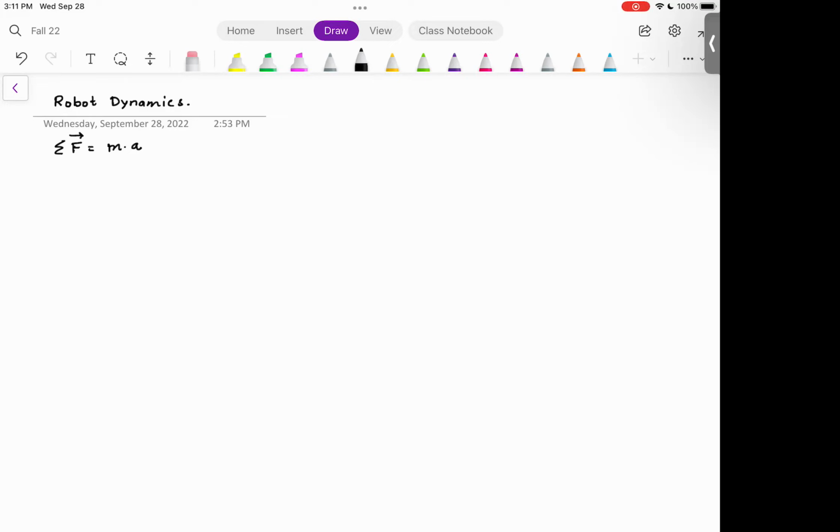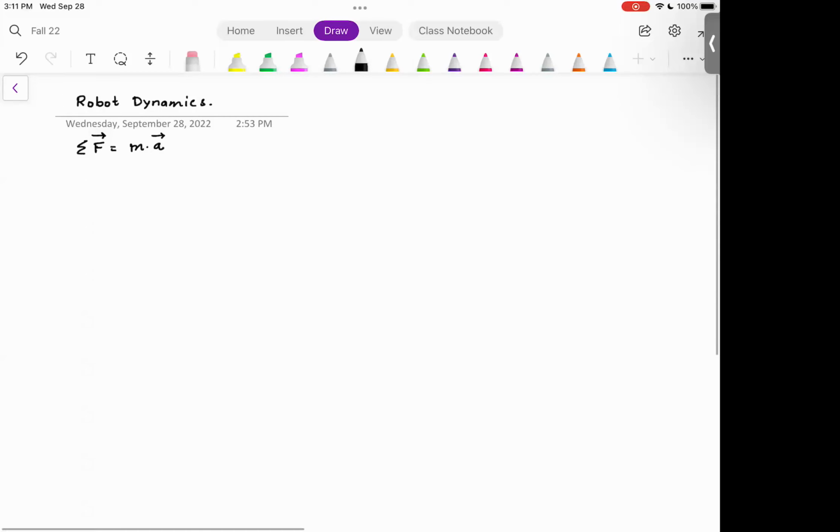Force is a vector, acceleration is a vector, mass is a scalar. So this is a vector equation. What do we mean by vector equation? It means if you have force expressed in 3 dimensions, that is related to the mass multiplied by the acceleration in that respective direction.